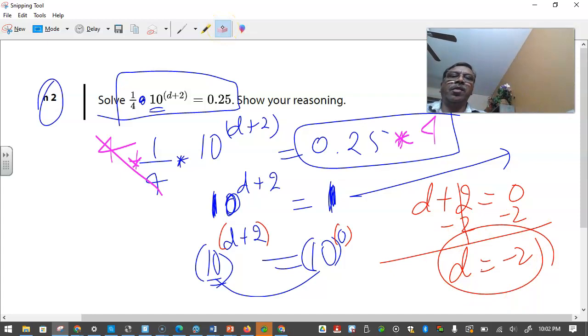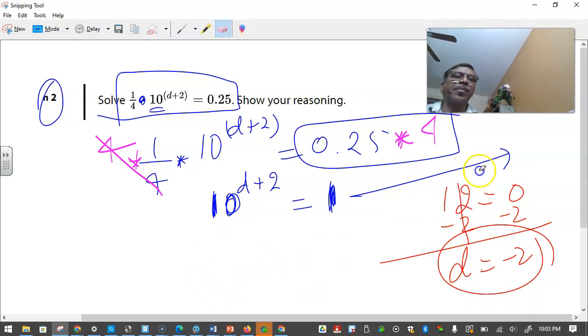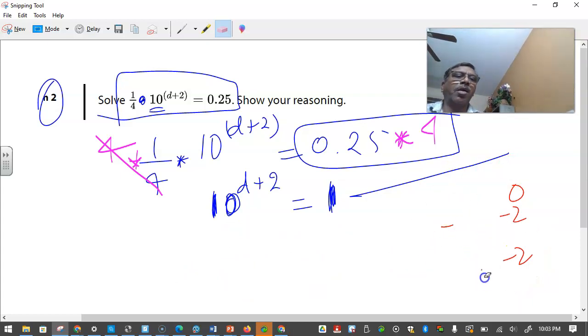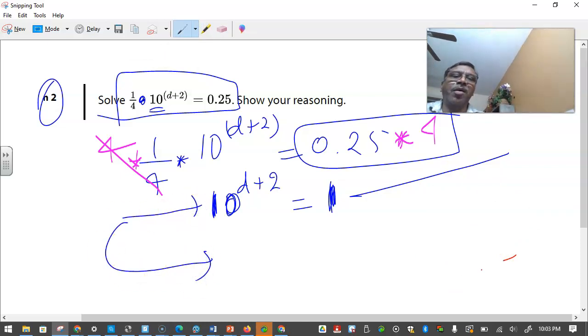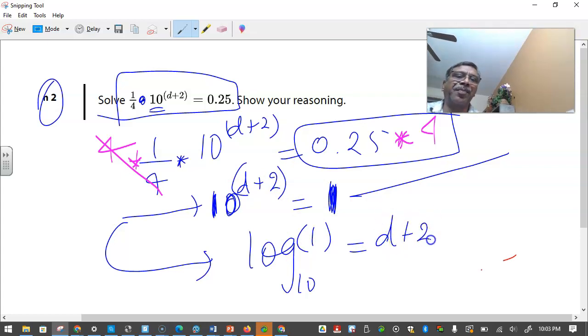Or, once you reach this step, some of you may be saying, why don't you change this to the logarithm form and work it out? Let me see if I can do that. So this one, let's change it to the logarithm form. When I put a log to the base 10, the output becomes the input and the input becomes the output.